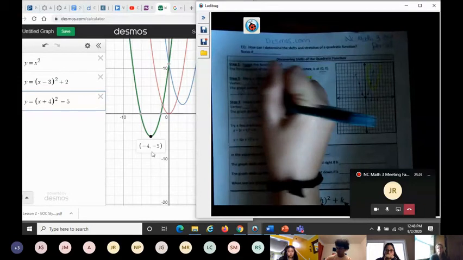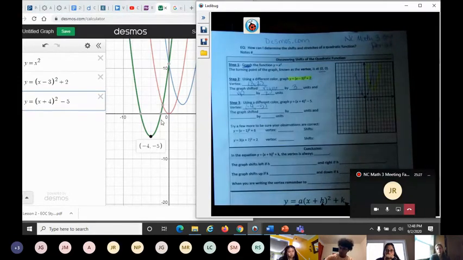So when we're comparing these functions, the green and the blue, we're always going to be comparing them back to the red function. The red function is our parent function. So it asks how far the graph is shifted and in what directions. Lizbeth, can you help me out with this one? Yes.